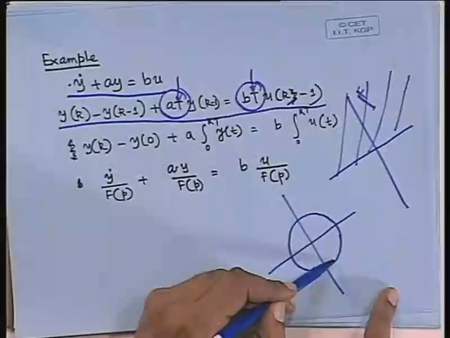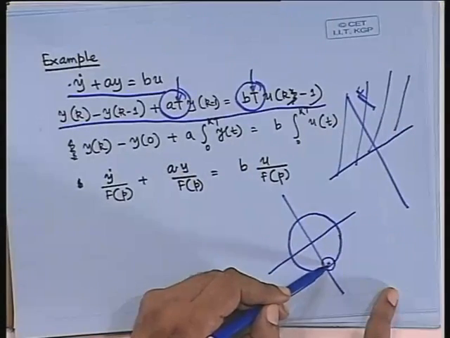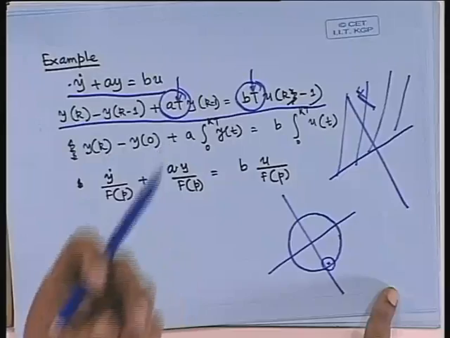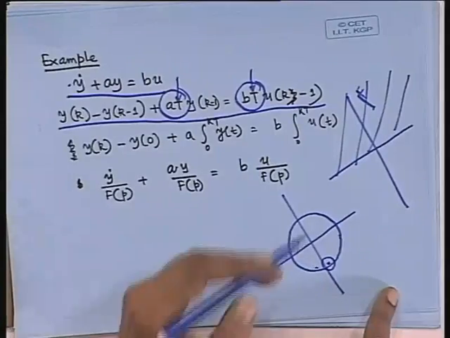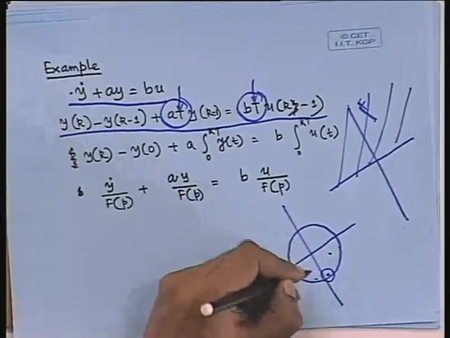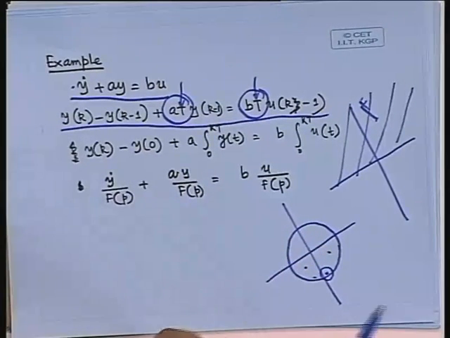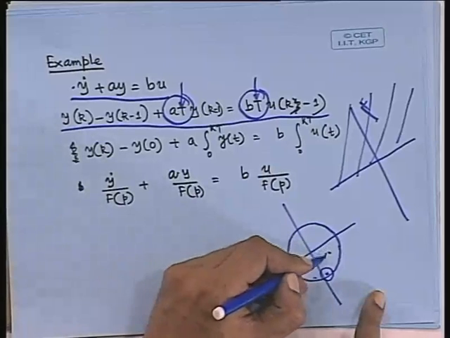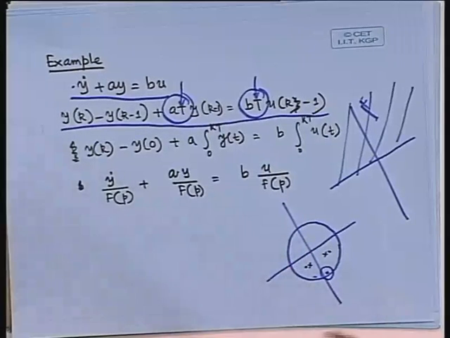So due to noise or something, you are going to identify your system poles and zeros in your discrete time model here. Suppose the true pole was here, and due to noise you estimated the poles to be here in your discrete time estimation.